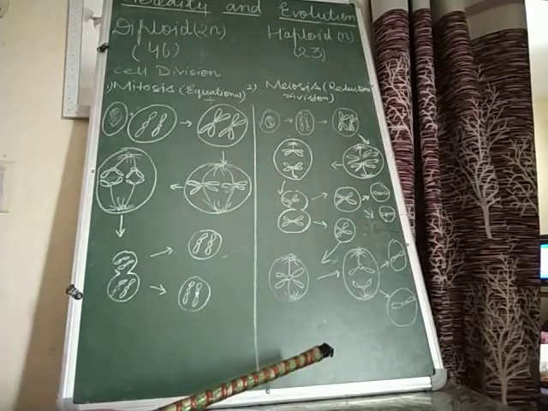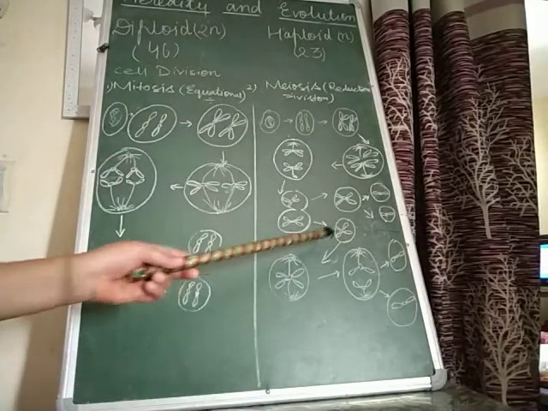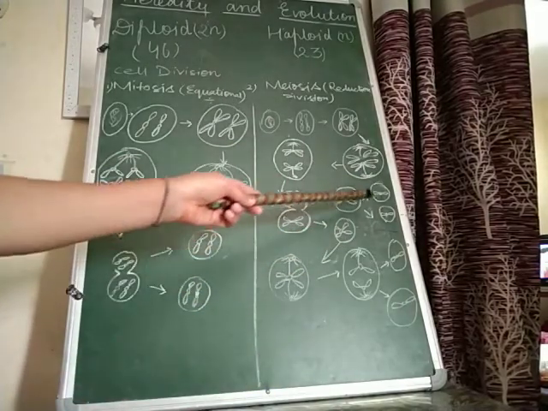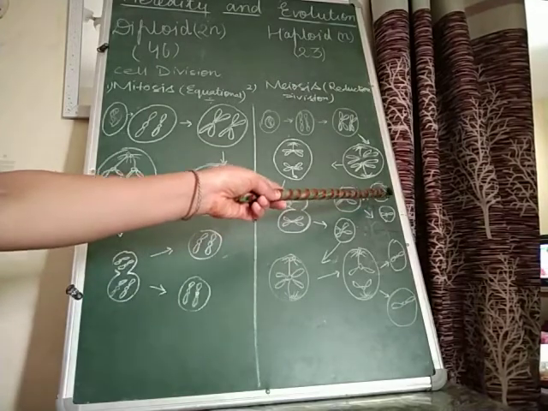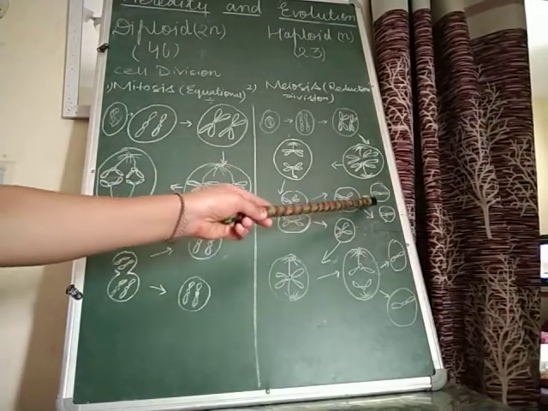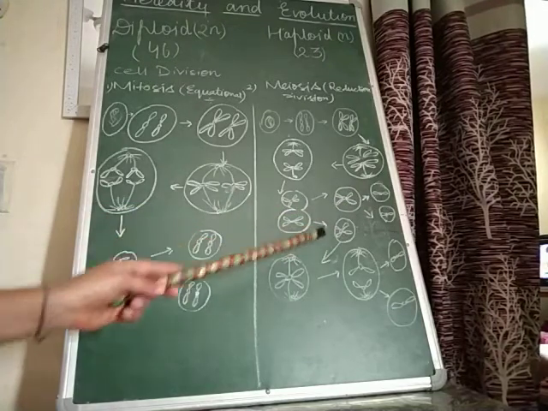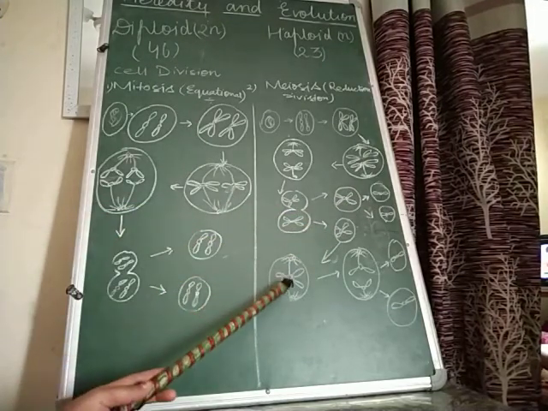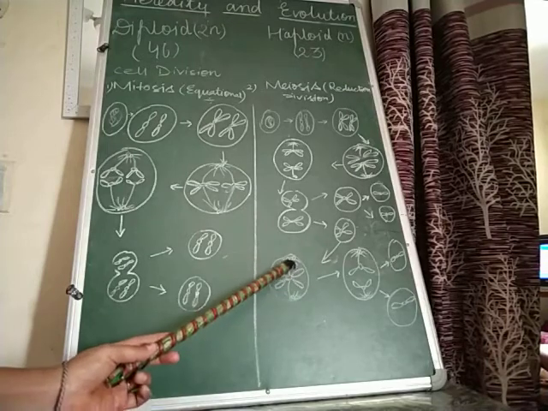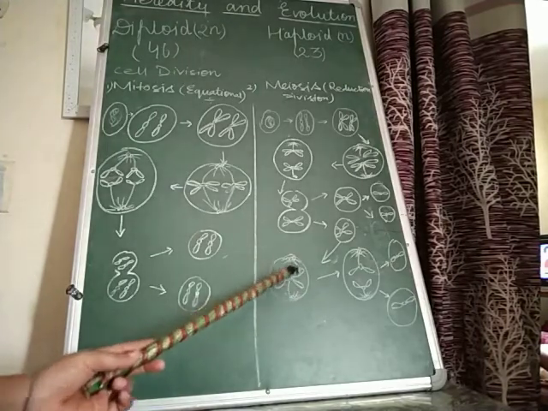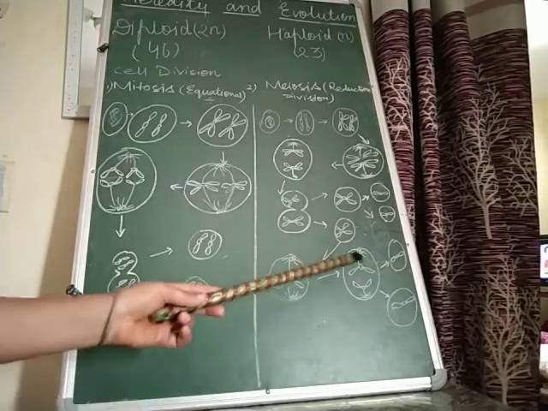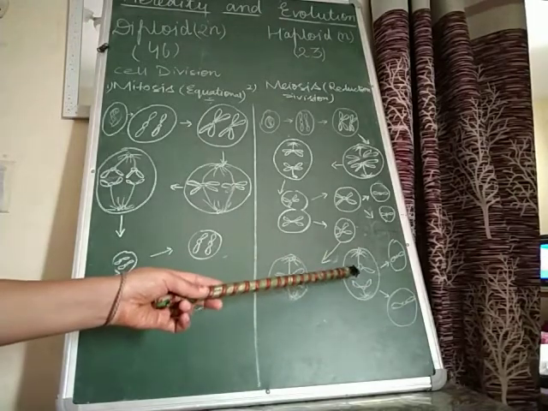So ultimately, the detail I have done here, you can see directly I have shown you that 2 cells will be produced with 1 chromosome. Here you can see this cell with 1 chromosome will align on the central plate, the spindle fiber will be formed, and the spindle will drag the chromosomes into 2 different directions.